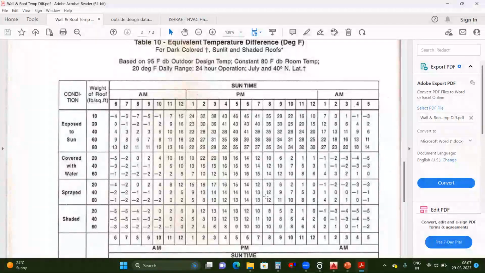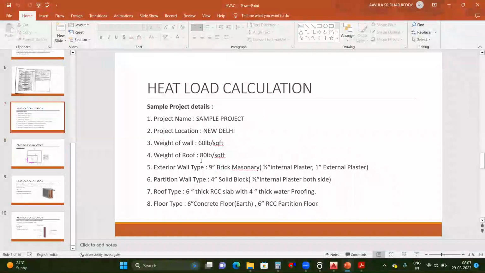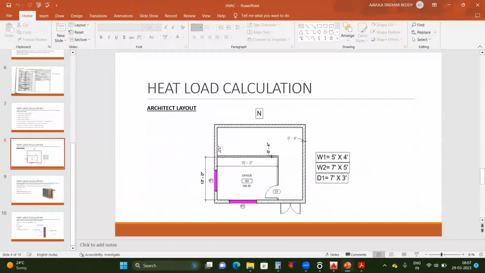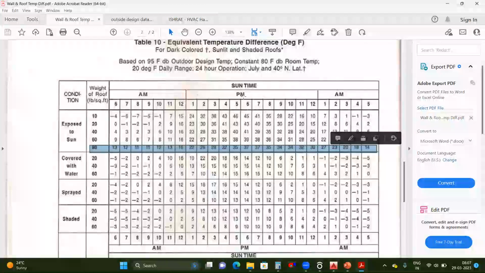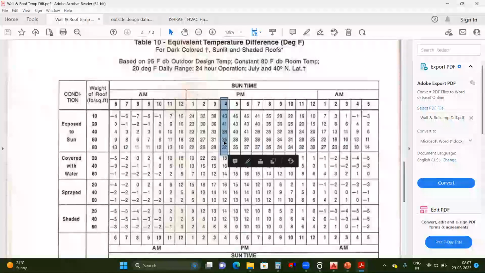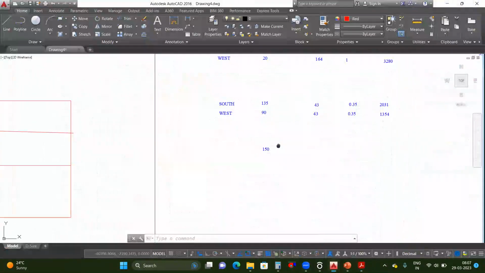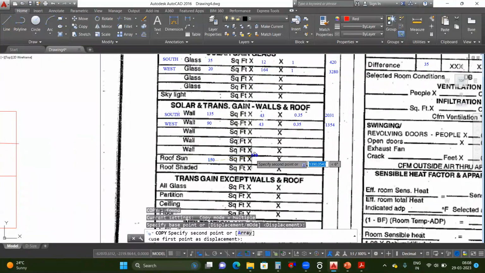And the weight of the roof that we have mentioned is 80 lb per square feet. This is the weight of the roof value. So for exposure to sun, this is the 80 value. For the same 4 p.m. value, if we select, that is 32 here. So we need to enter the delta T value 32.